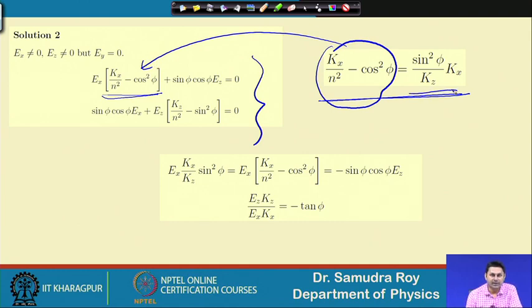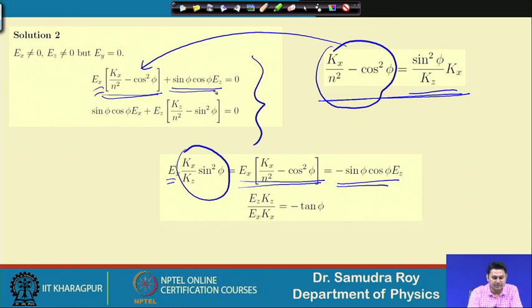In these two equations, I am just replacing this quantity here with sin square phi kz kx. If I do, then I will have Ex multiplied by this quantity sin square phi, which will be equal to this, because I am replacing these things, and these things are nothing but the minus of these things from this equation, because if it goes to this side there will be a negative sign.